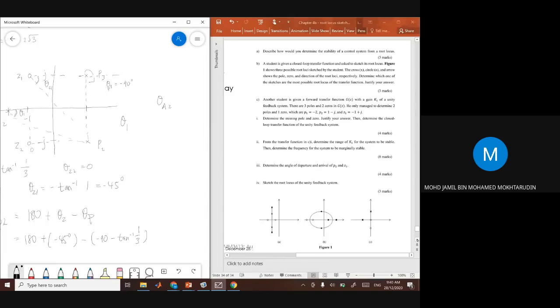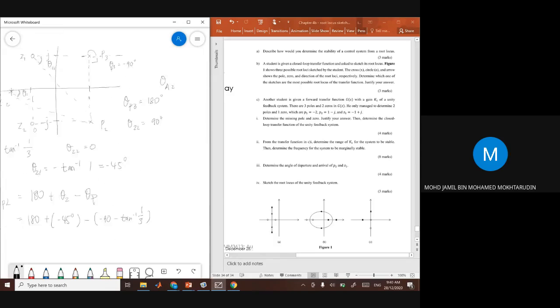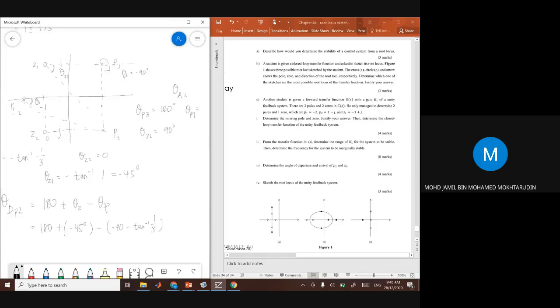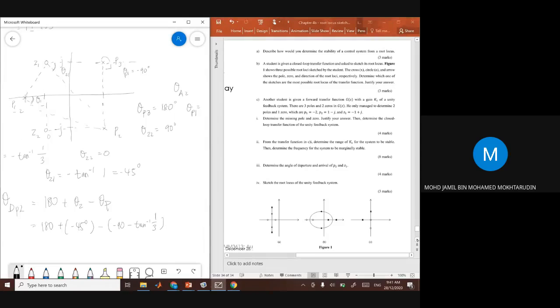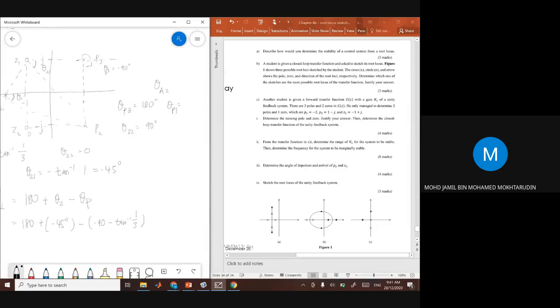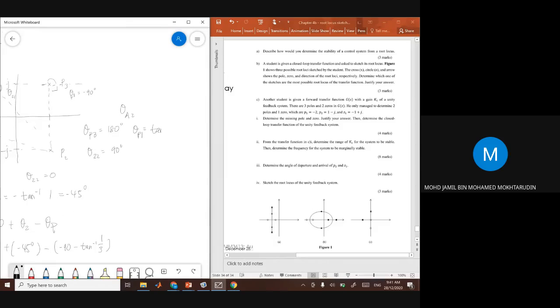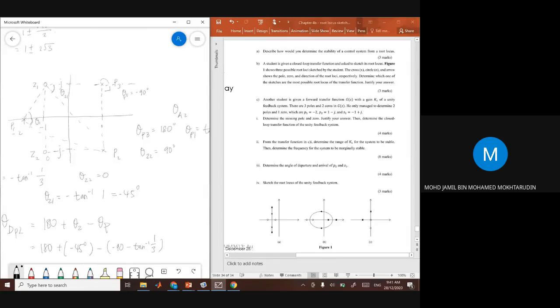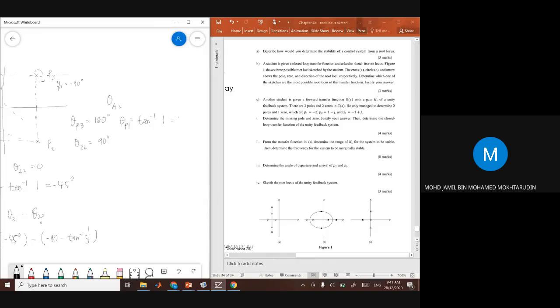So theta P3 equals 180. From theta Z2, it's 90 degrees. From theta P1, it's this angle. So theta P1 is tangent inverse of 1 over 1. Okay, 1 over 1, 45 degrees, correct.